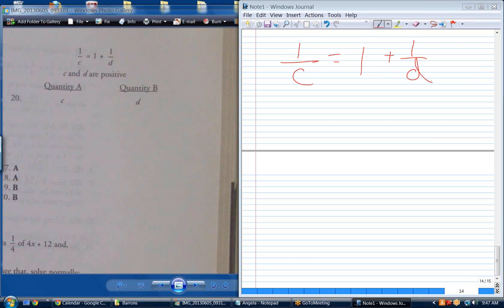This looks like exactly the same problem we saw in the first test we took, I think. So multiply both sides by CD to get rid of the denominator. But considering, well, let's see, actually they're both positive.